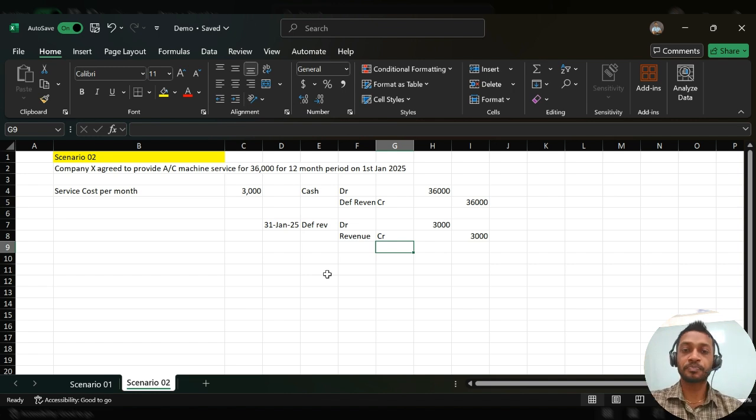Or else, if your subscriptions or licenses are sold for a year period and you are receiving cash, this is how you have to identify it: you have to prorate those values throughout the period. This is how the standard tells us, and the same thing you can do in Dynamics 365 Business Central.